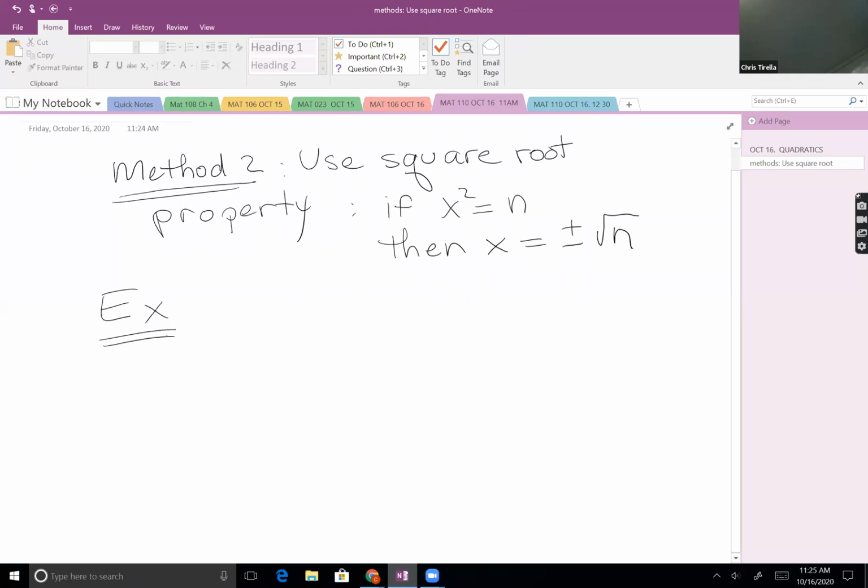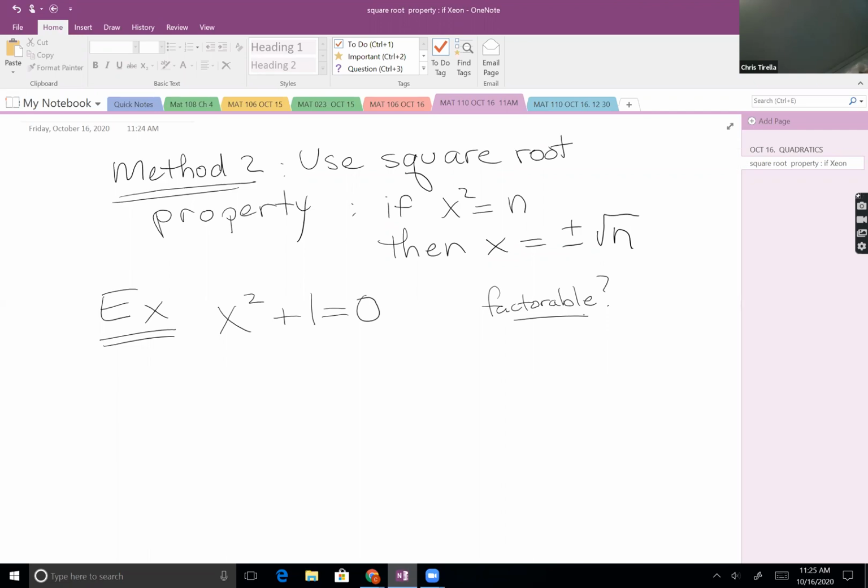And so let's look at an example. Let's look at x squared plus 1 equals 0. The first thing I'm wondering is, is that factorable?